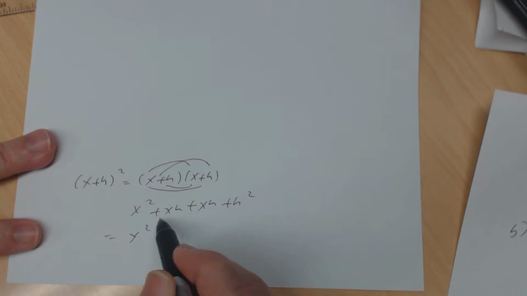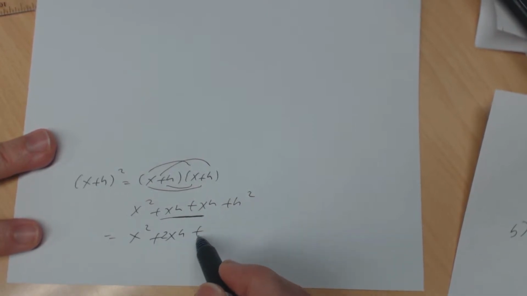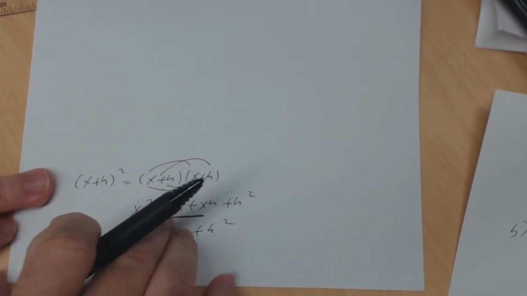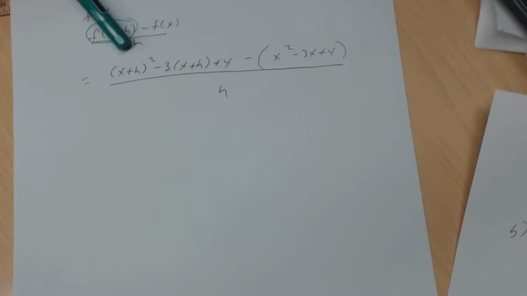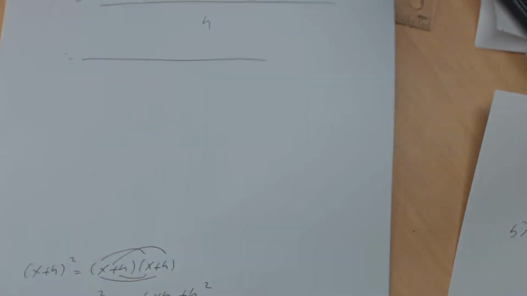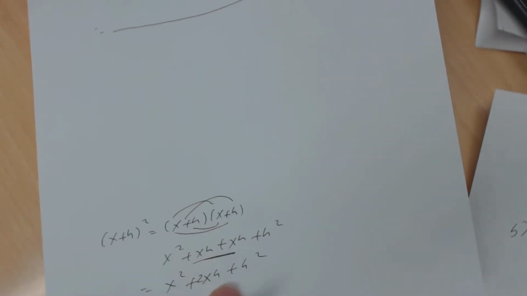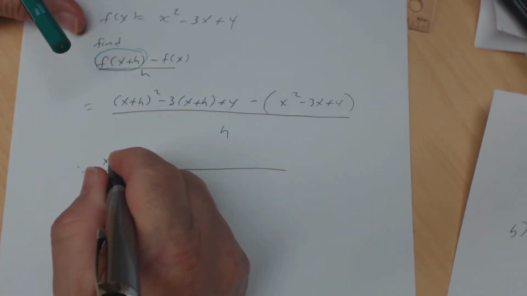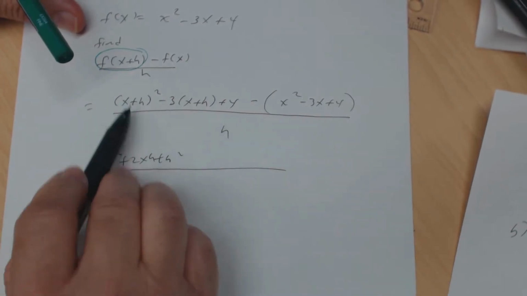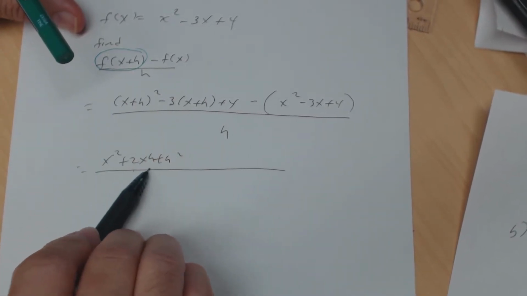So I get x squared, two xh's, and then plus h squared. So that right here is this. I'm just going to rewrite this over: x squared plus 2xh plus h squared. So remember, this is this.